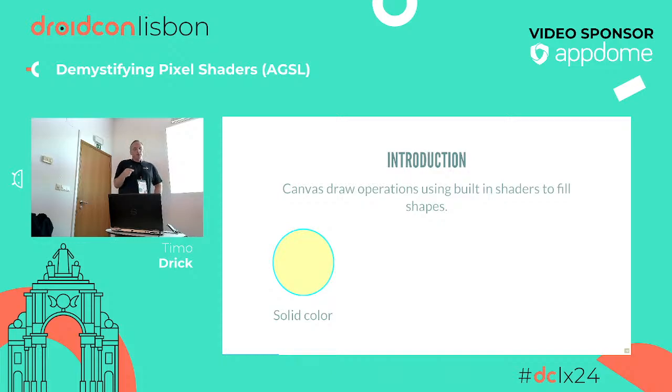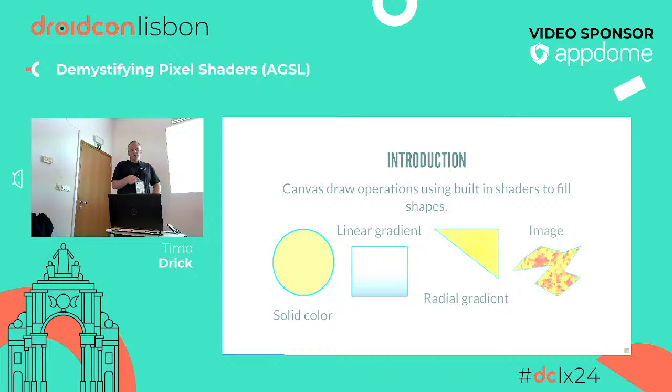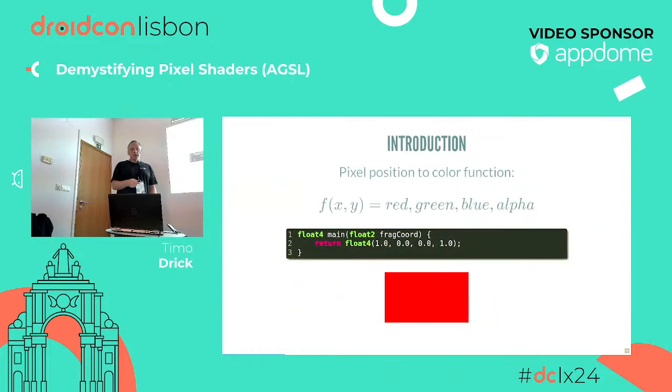So for example, when you want to draw a circle with the normal draw canvas API, then you can fill it with a solid color, or you can use a linear gradient, which is also one type of shader. Very simple one, of course, or a radial gradient, or you can use an image as a texture for the shader. But today we will have a look at the custom shaders.